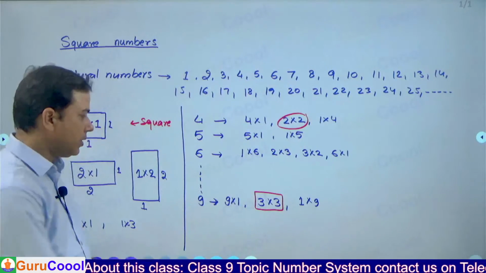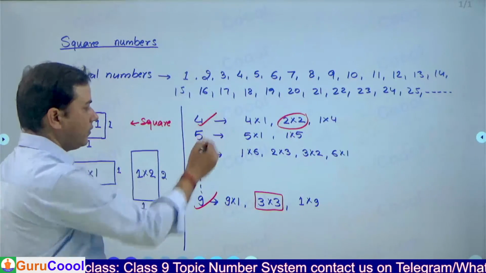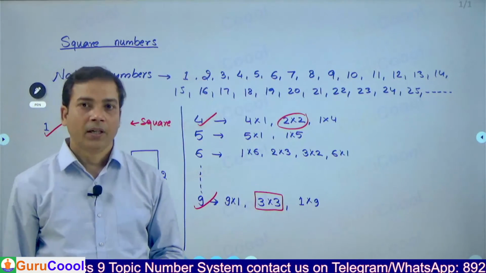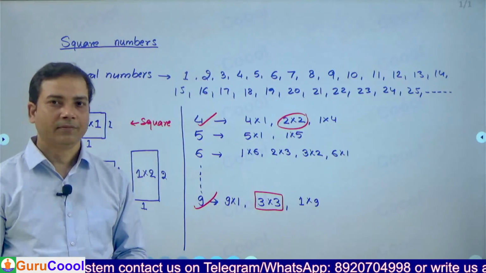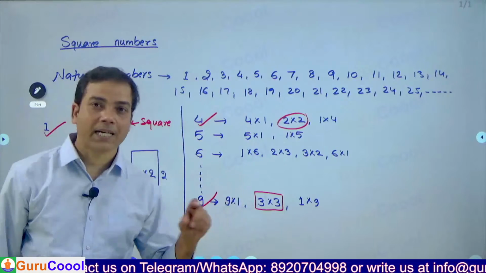So yes, 9 is again a square number. Did you understand why we call them square numbers? Yes, sir. The rest of the numbers are rectangle numbers.